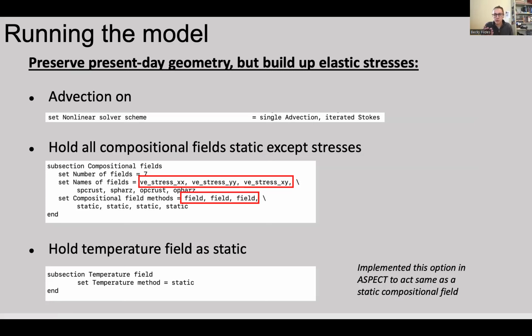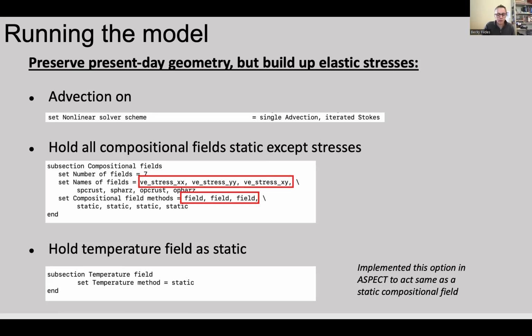And so we allow these to advect, but hold all the other compositions static. And then additionally, we hold the temperature field static. And this was an option that I implemented a few hackathons ago to function just the same as the compositional fields when they're held static. So again, everything is held static except for the elastic stresses that are allowed to advect and build up.